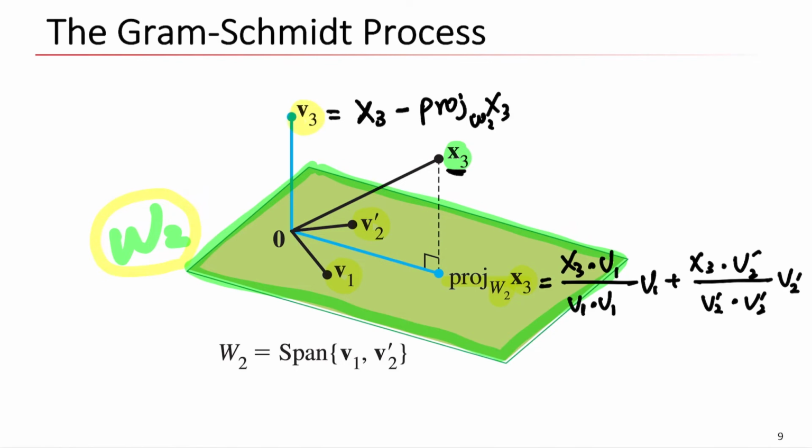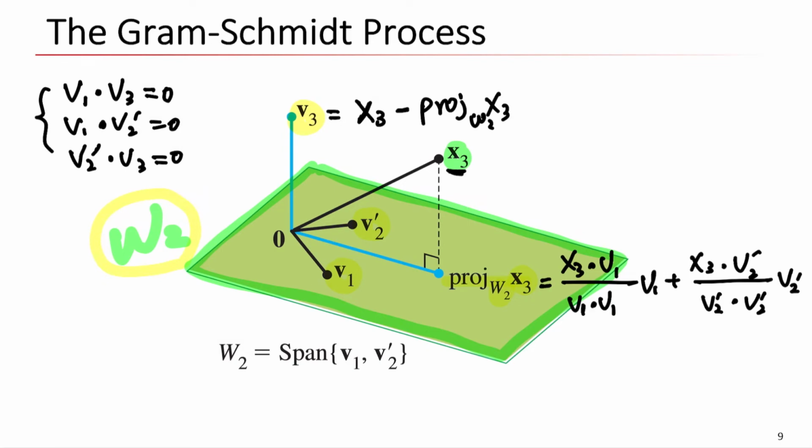Interestingly, here V1 and V3 are orthogonal to each other, and V1 and V2 are orthogonal to each other. V2 and V3 are also orthogonal to each other, right? So it means that V1, V2, V3 is an orthogonal set.